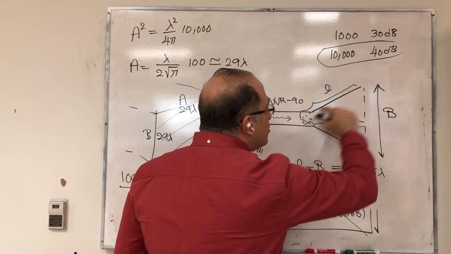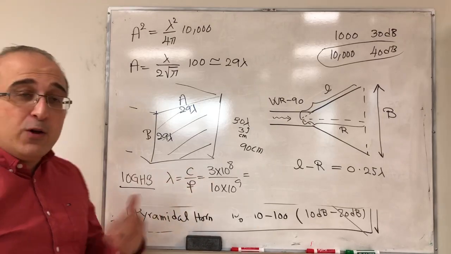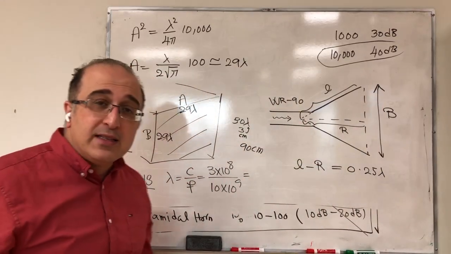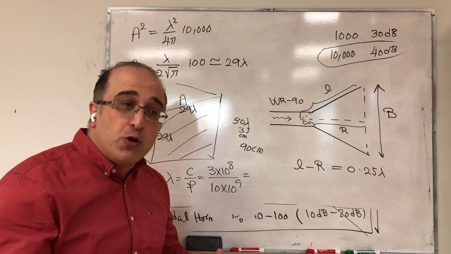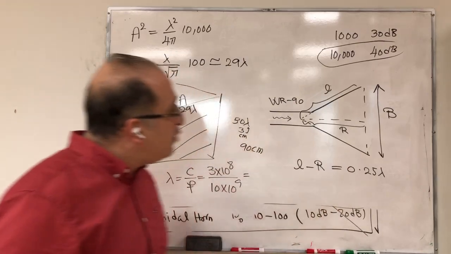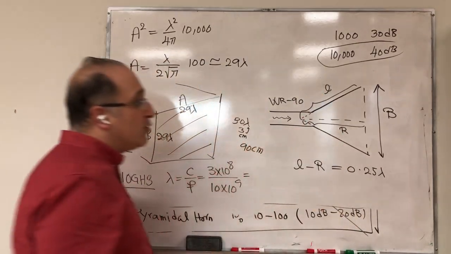To get to the edge, you're traveling along this path, and therefore you develop out of phaseness when you get to the aperture. Out of phaseness is bad, so you need to control it to not exceed a certain level. This is the equation that we follow. We say these two should be relatively close.